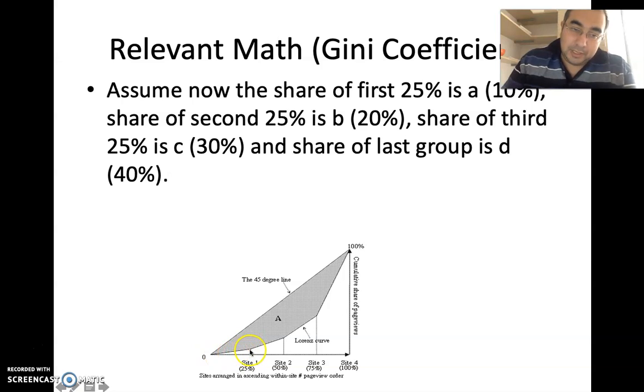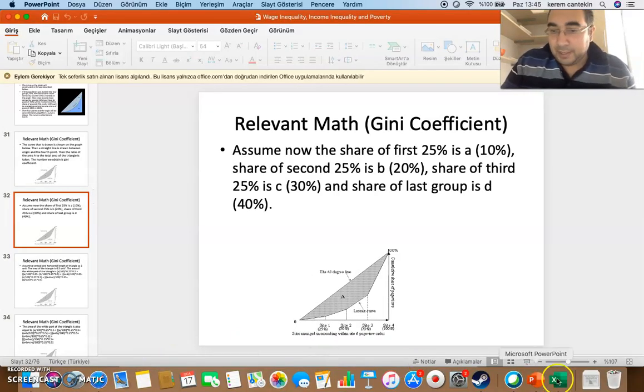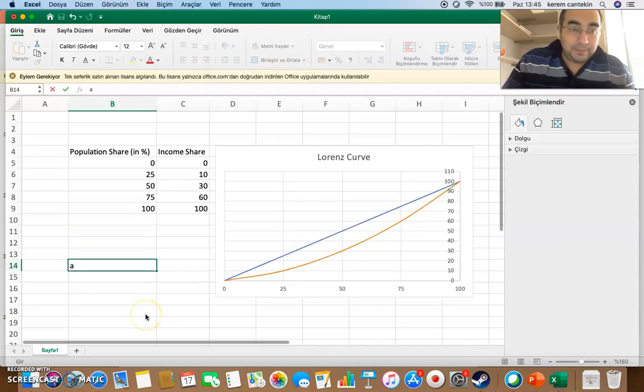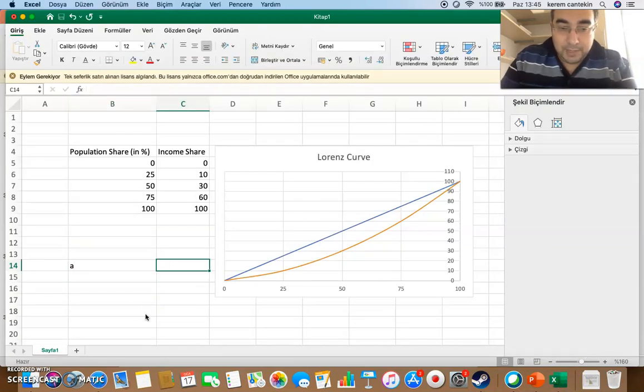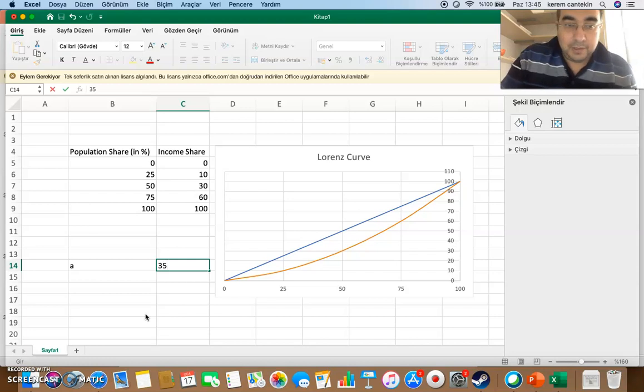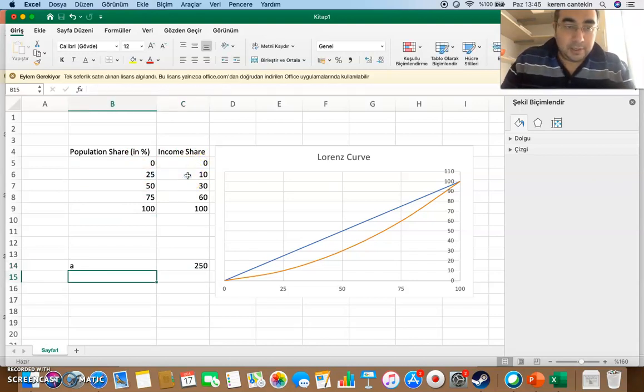So this area is represented by a triangle. So we can find that area by multiplying, well, basically 25 times this, the share of the 25%. The second area, B, is more complex.